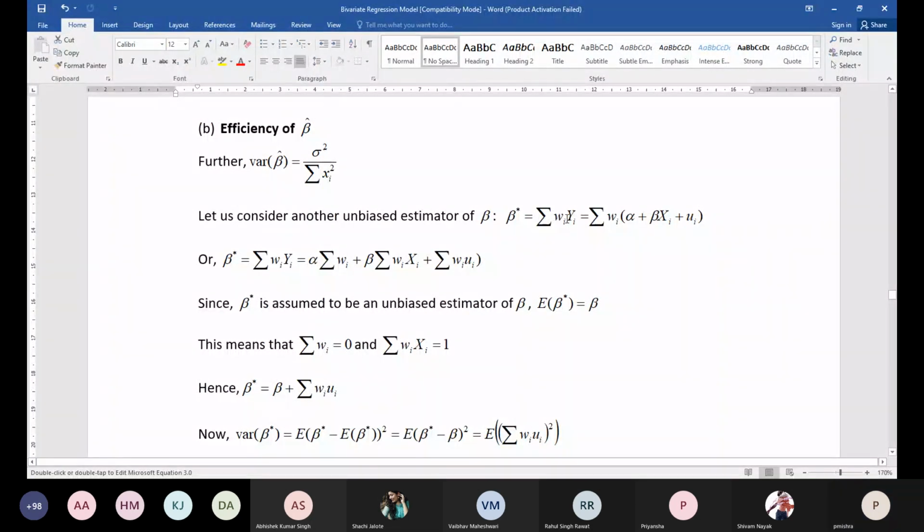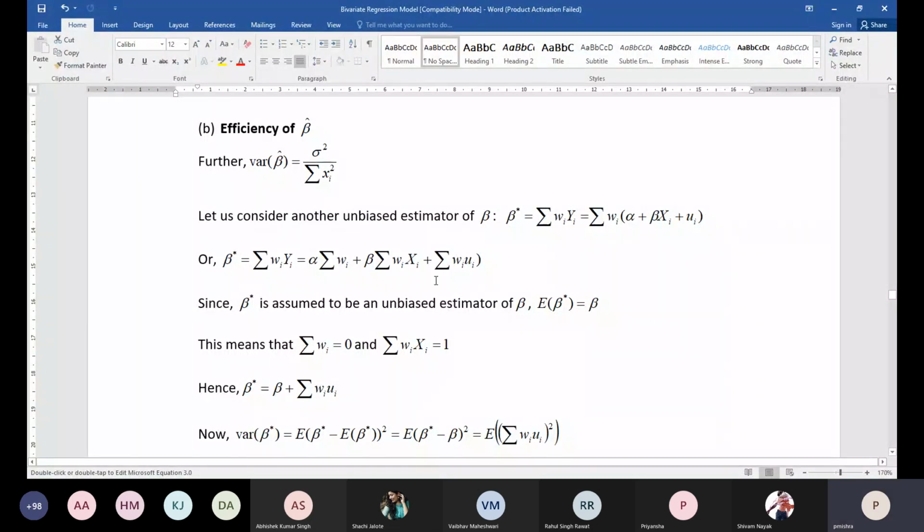Now, let us assume that this is an unbiased estimator. That means expectation of beta star is equal to beta. Now, if I just replace this Yi here, then I'm basically getting an expression like this.